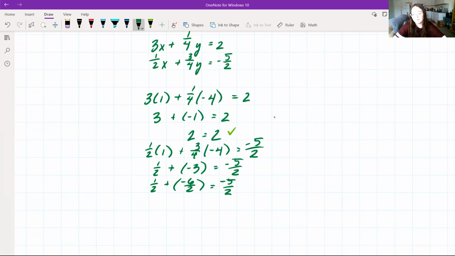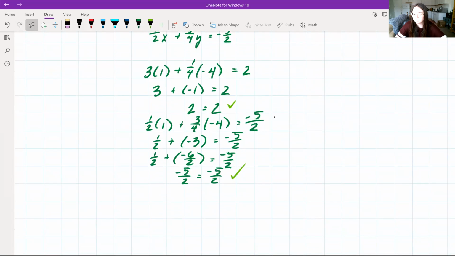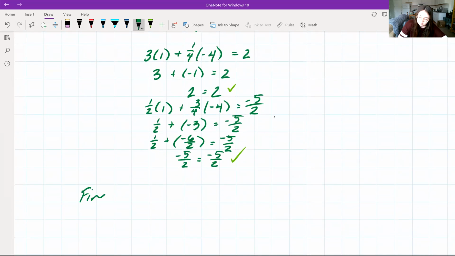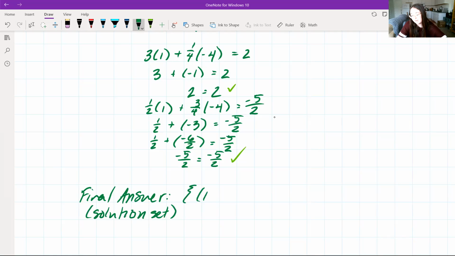So now since we have the same denominator, 1 plus negative 6 will give us negative 5/2, which is equal to negative 5/2. So our ordered pair 1, negative 4 is the solution of both of our original equations. So our final answer, which is our solution set, is our ordered pair written in our curly braces.